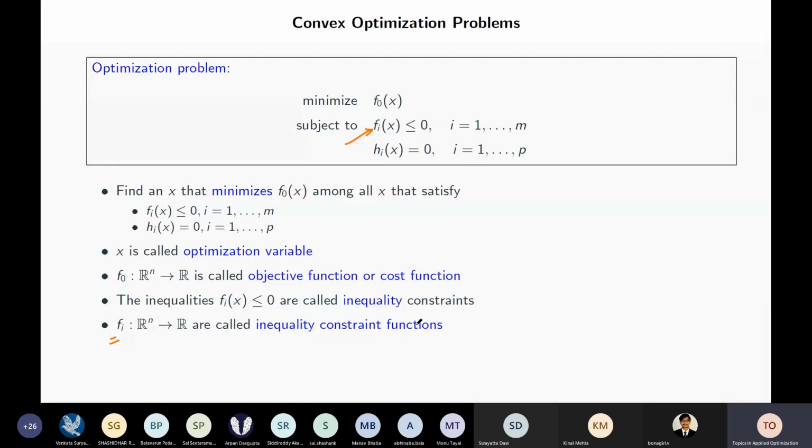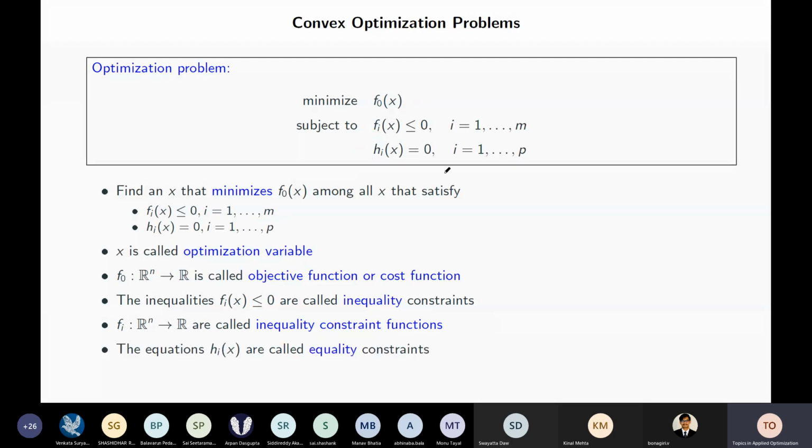Here i is not equal to 0, because for i equal to 0 we have the case called the objective function. For i greater than or equal to 1, these are called constraint functions. And similarly, you can guess, h i of x are called equality constraint functions.